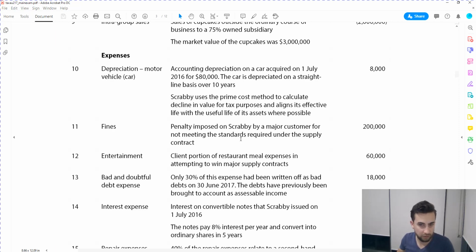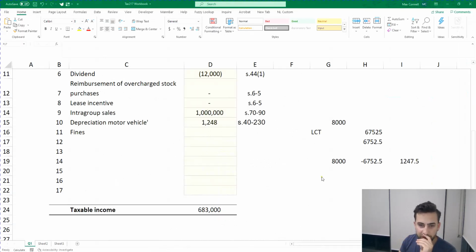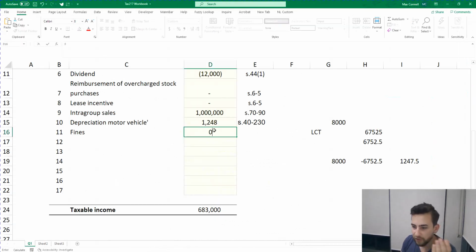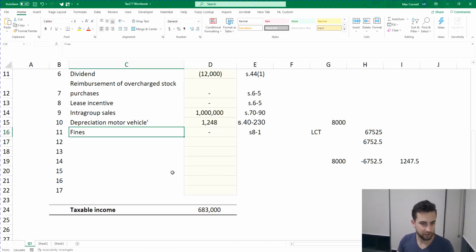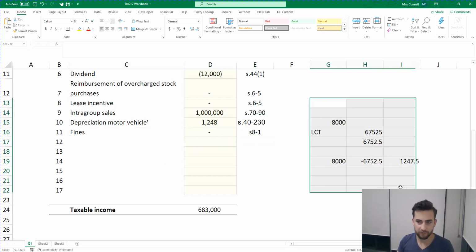Therefore, under Section 8-1, it would actually be deductible. So this is a bit of another trick question. I don't think it's a very fair question, but the actual answer to this is 0. Okay, under Section 8-1, because it is connected to your assessable income. If they've included a deduction of 200K, there will be a deduction for 200K for this as well.